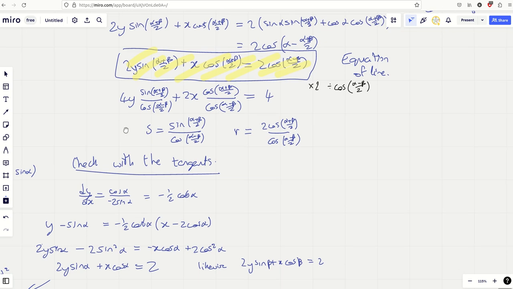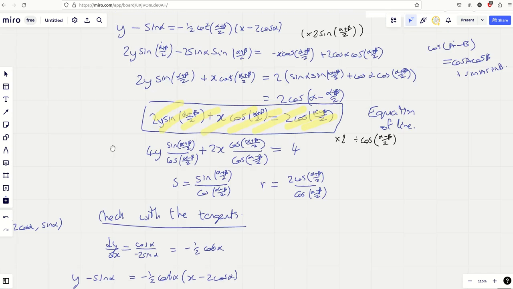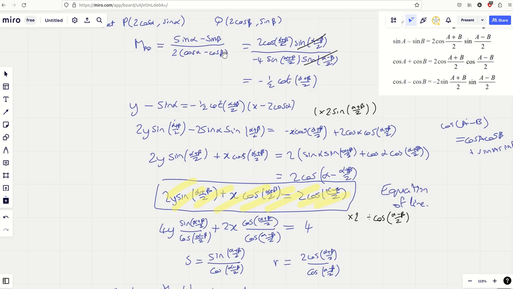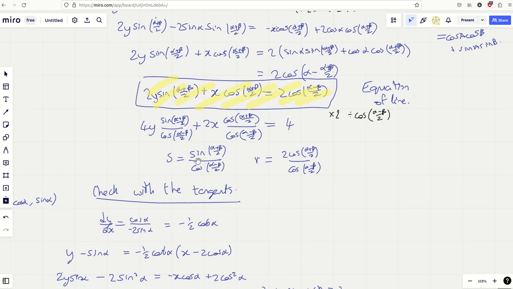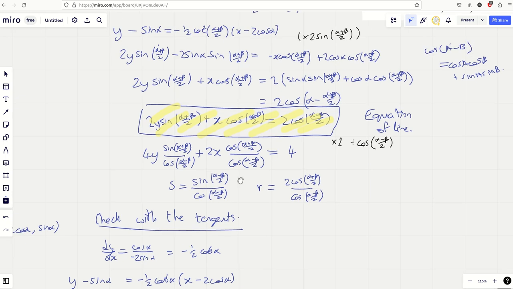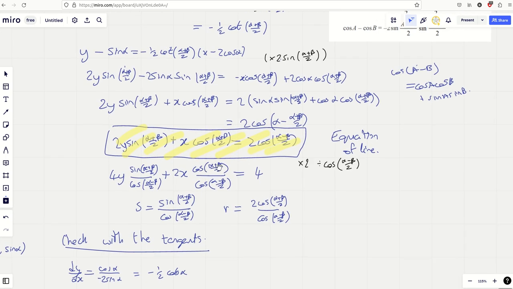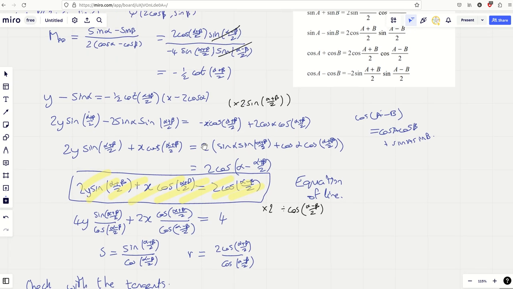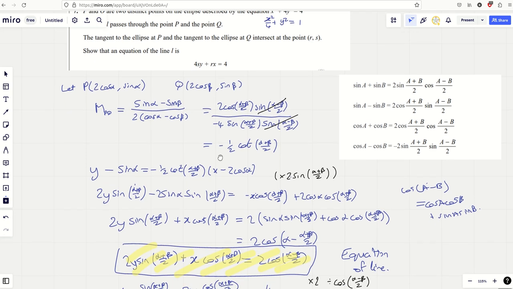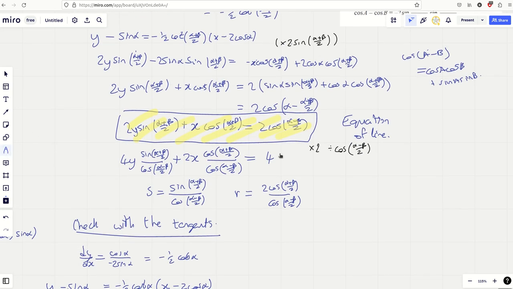Because then I can say, okay, if this equation holds as the equation of the line L, then s must be sine (alpha plus beta over 2) divided by cos (alpha minus beta over 2), and r must be 2 cos (alpha plus beta over 2) over cos (alpha minus beta over 2). And all I'm doing there is comparing it to 4sy plus rx equals 4. Let me write it down next to it: 4sy plus rx equals 4.